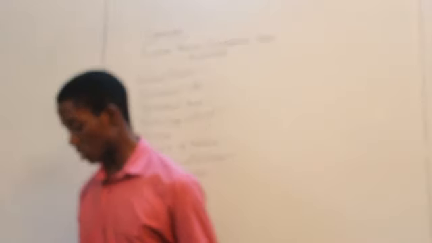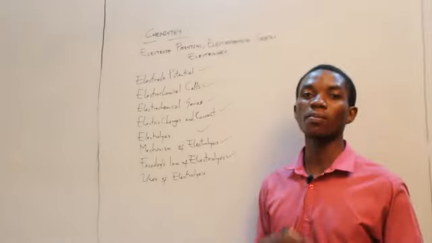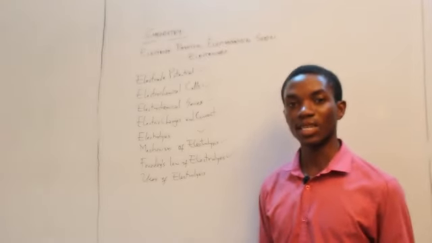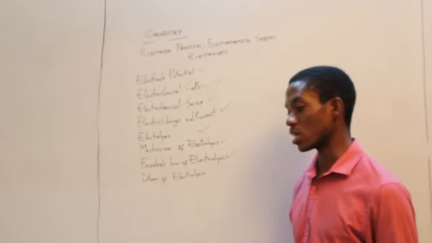And apart from purification of materials and electroplating, we also see the use of electrolysis in dissociation of certain compounds and production of certain compounds. There are certain compounds that cannot exist in their natural state unless they are passed through the process of electrolysis.